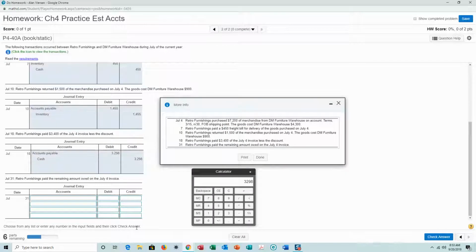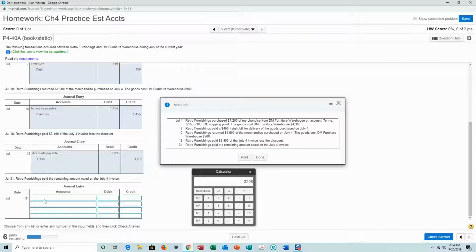And now the last and the most difficult of the journal entries is now Retro Furnishings is going to pay the amount owed on the July 4th invoice. This is outside of the discount period. Notice July 4th, 15 days. We had to pay it by July 19th, and we didn't. So we're going to lose that discount. So the journal entry is going to look like this.